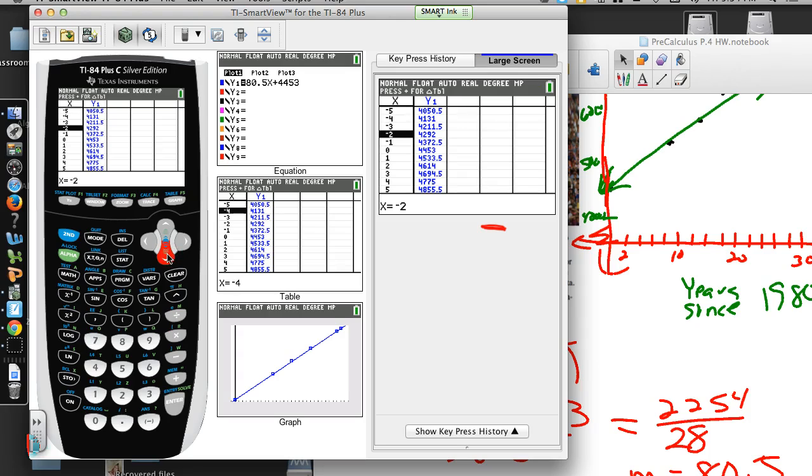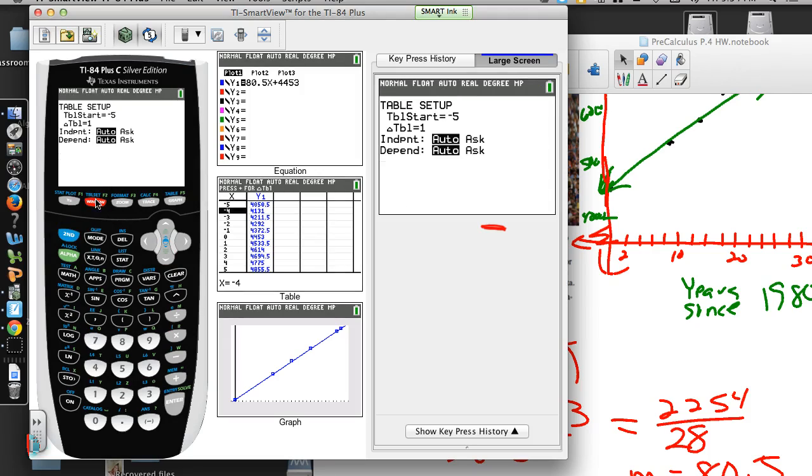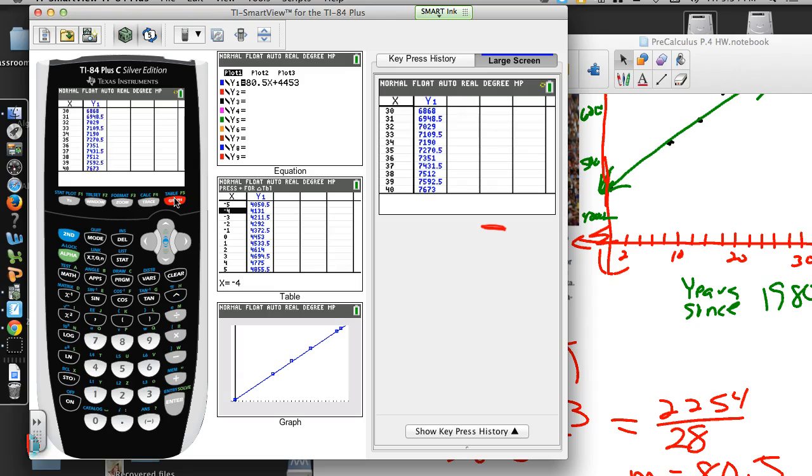Unless it takes too long, in which case I'm going to go into table set, which seems to be what I have to do. So second table set, and I'm going to change this to 30 years. And then go to my table. And there's the 30 years, and it would be 6,868 million.